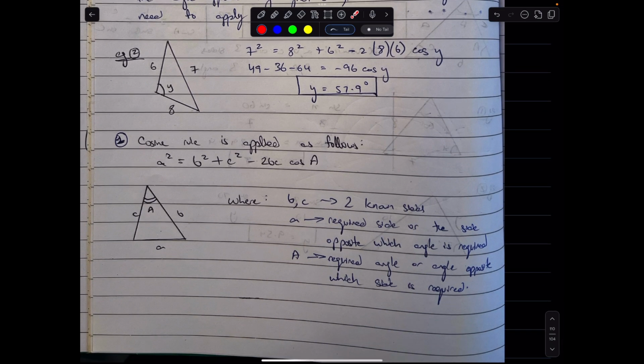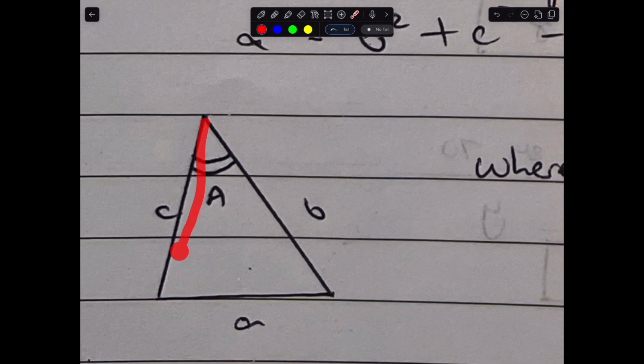And the cosine rule is applied as follows. So in this case, we have two known sides, and an angle is either to be found or is given. Similarly, the side in consideration is either to be found or given.